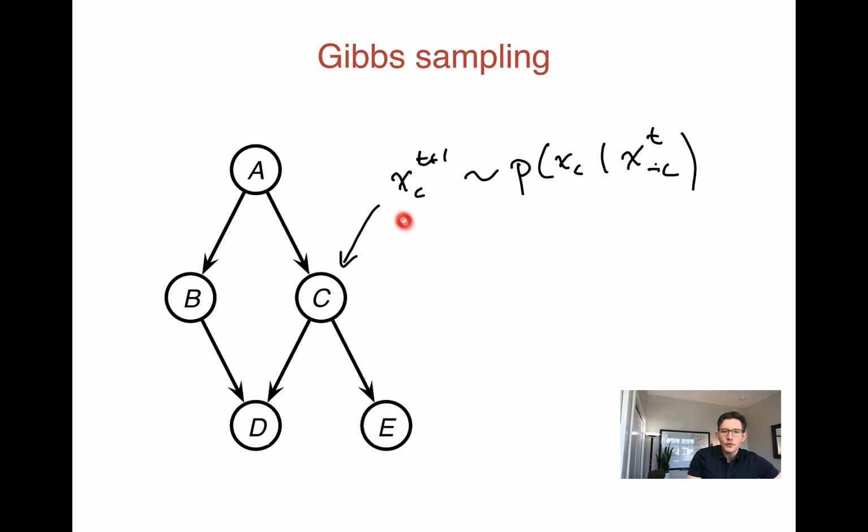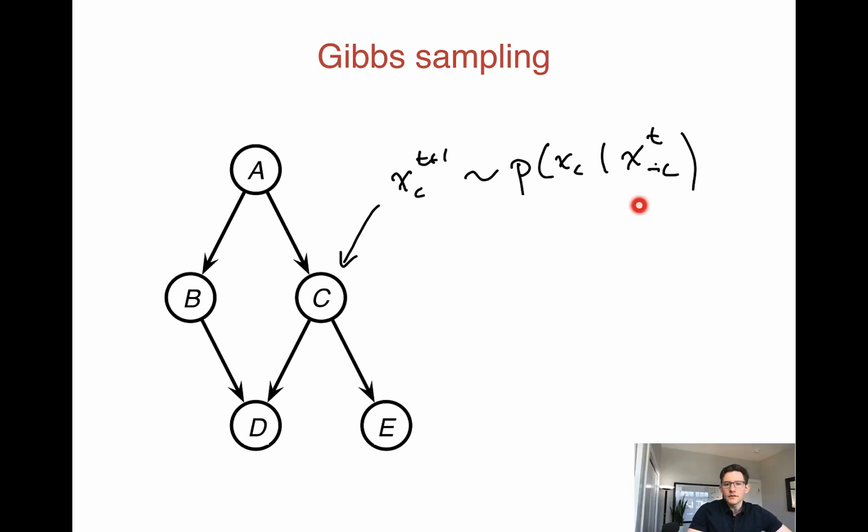We're going to sample x_c according to this distribution, probability of x_c given x^t_{-c}, that is, our x from the last iteration, minus c. With this notation minus c, I just mean all the variables other than c.